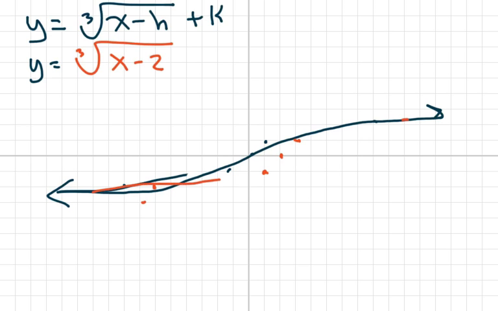The whole thing just got shifted over by 2 units. All right. This does not look good. I don't like this at all. Okay, so basically, let me graph this properly.